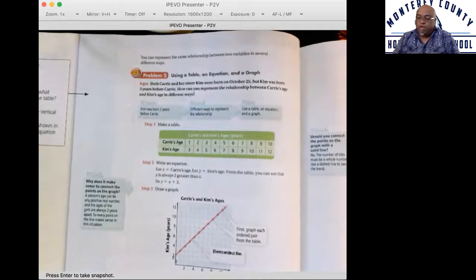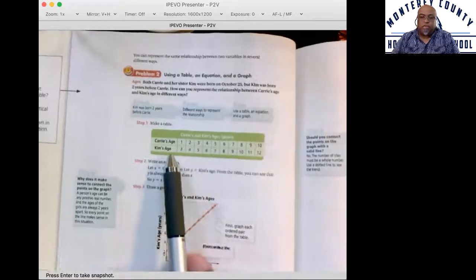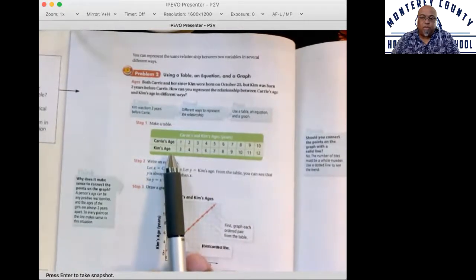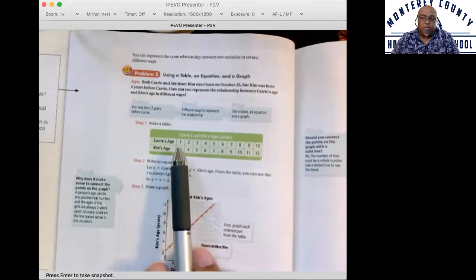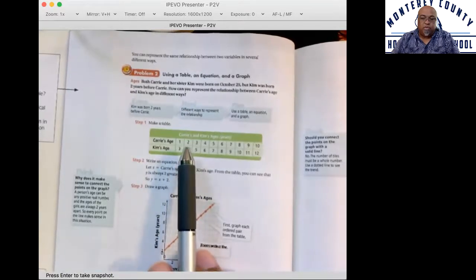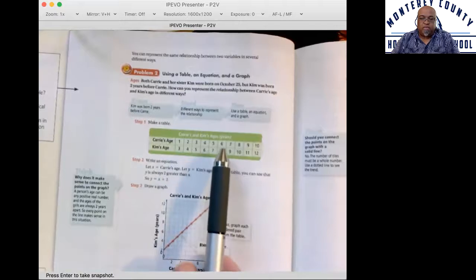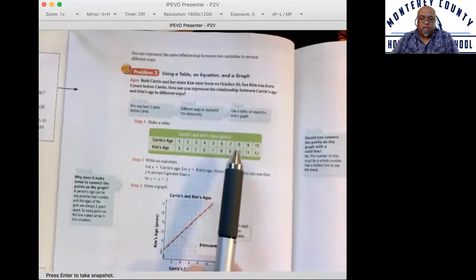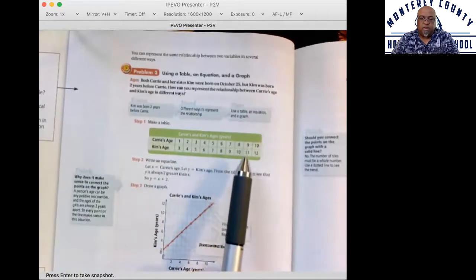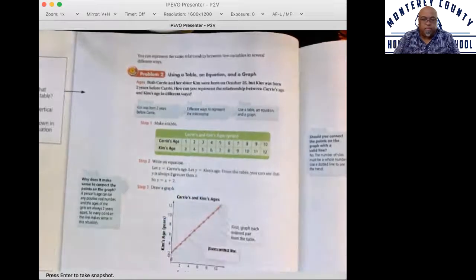So once you've written out the younger girl's age, the older girl's age is 2 years above. Look at 1, and then add 2 to it, and I get 3. It's 2, so I add 2, I get 4. If it's 3, I add 2 and we get 5. I'm going to skip ahead. If Carrie is 6, then Kim is 2 years older, she should be 8. 7 and 9, 8 and 10, 9 and 11, 10 and 12, and so on.